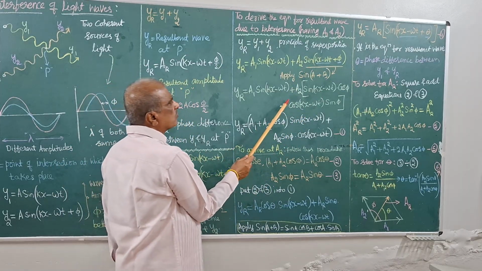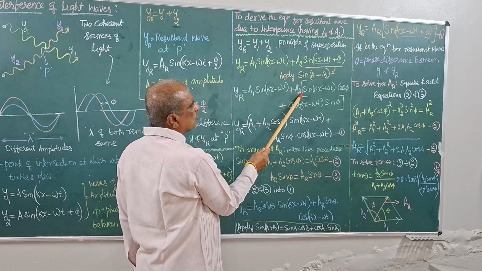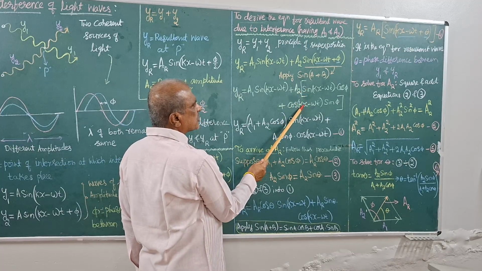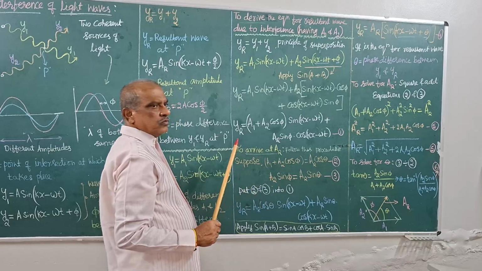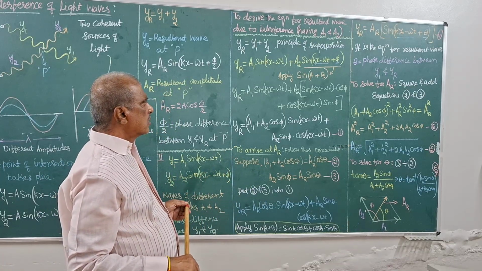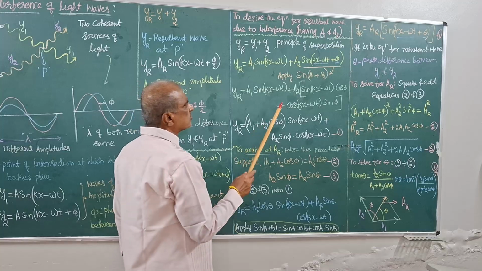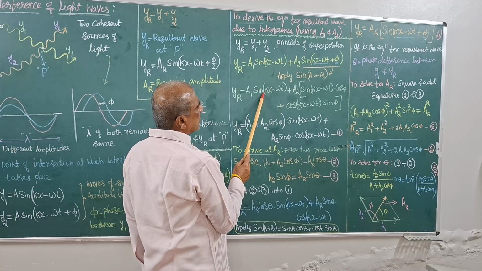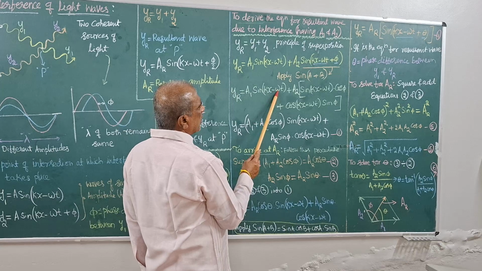And further simplification: remove this bracket, it will apply to this term as well as this term. In this equation we have one common factor, sine of kx minus omega t.